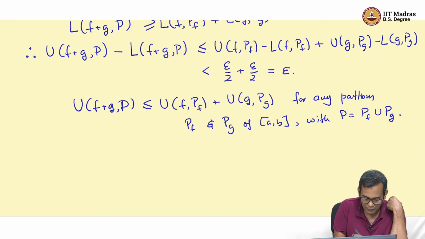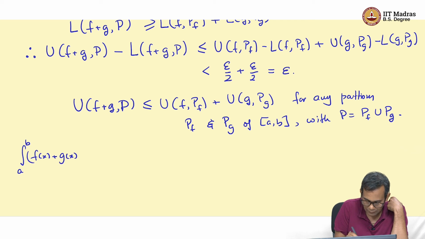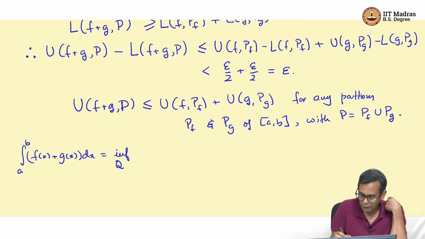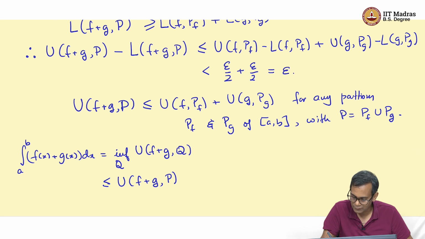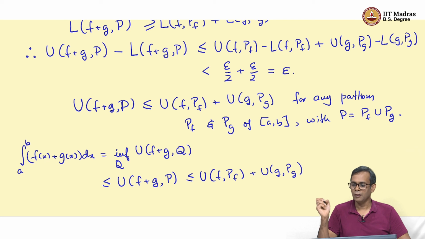So, in fact, if you look at the Riemann integral from a to b of f of x plus g of x dx, that is the infimum over all partitions, let us say Q, of U of f plus g comma Q. Now, certainly this is less than or equal to U of f plus g comma P, the P that I have taken here, which is less than or equal to U of f comma Pf plus U of g comma Pg, for any partitions Pf and Pg of the closed interval AB.